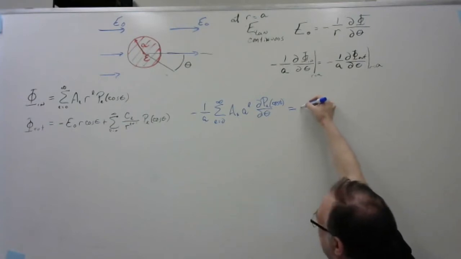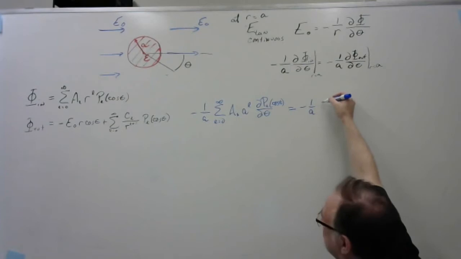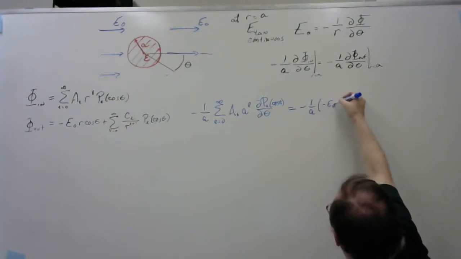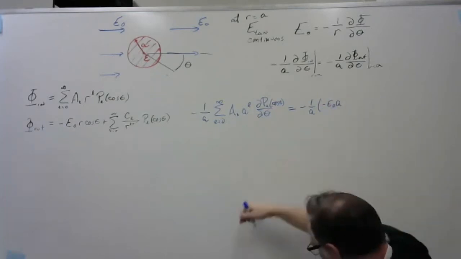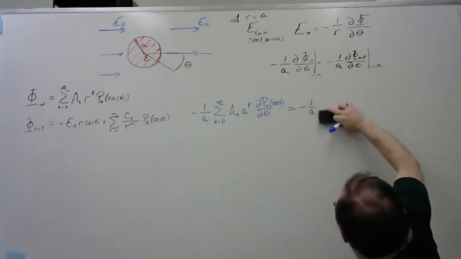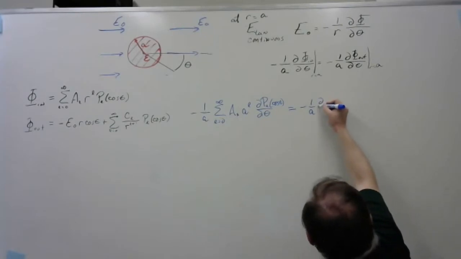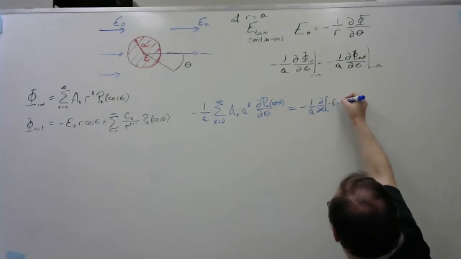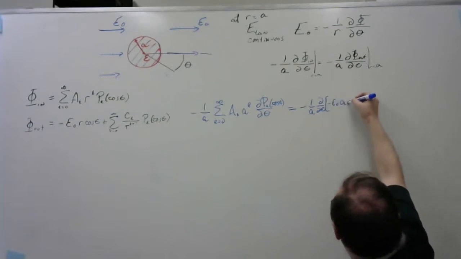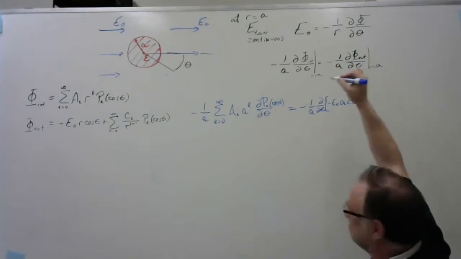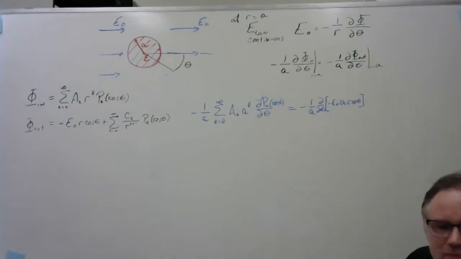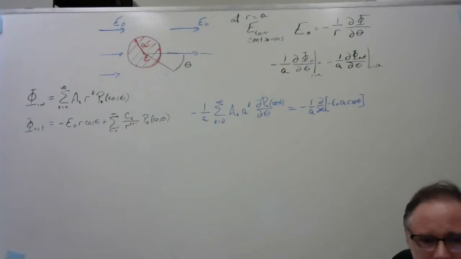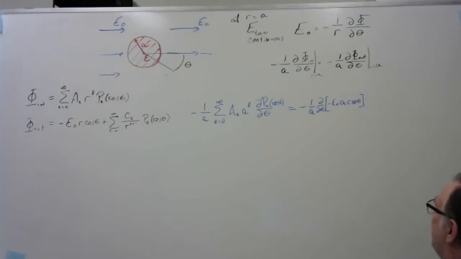So minus 1 over A, minus E naught A, d by d theta of minus E naught A cos theta. In this case, I can plug the A's in before I take derivatives because I'm taking derivatives with respect to theta, so the R doesn't change, so I don't have to worry about that.